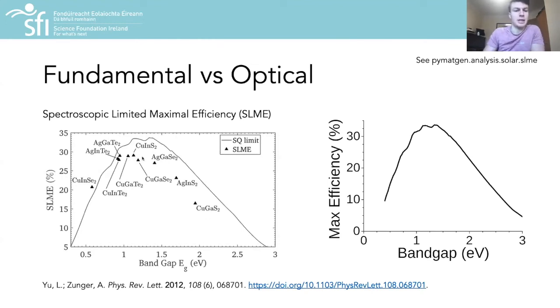So as you can see here, where we plot the SLME versus the Shockley-Queisser limit, it can significantly affect the estimate of the upper limit to efficiency for our materials, dropping down slightly in each case. This is also now available as a PyMatGen Python module, which makes the calculation much less painful.